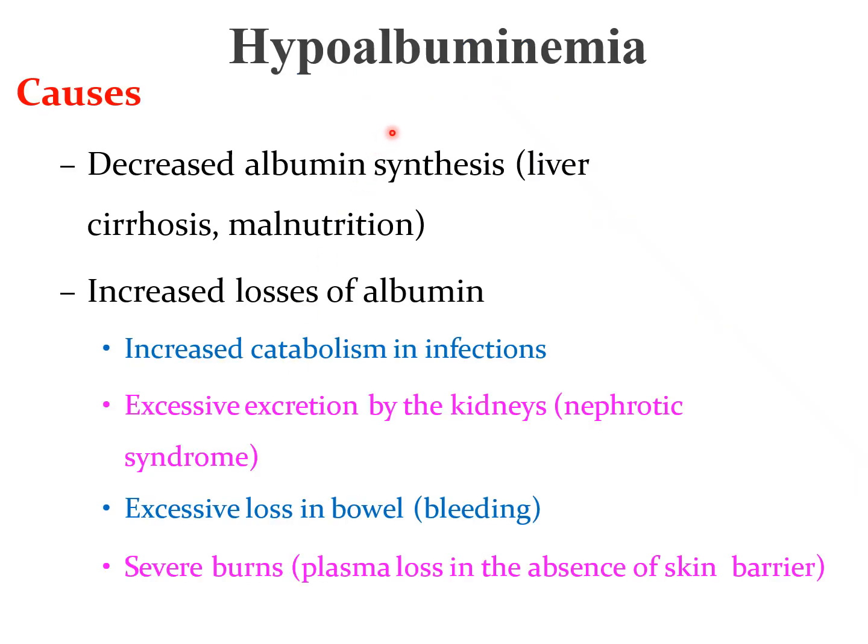Next, hypoalbuminemia causes: decreased albumin synthesis, liver cirrhosis, malnutrition. So wherever hypoalbuminemia occurs, I have given here. If they are asking to write any two conditions that cause hypoalbuminemia, you can know this slide. Increased catabolism in infections, excessive loss in bowel, excretion by the kidneys, and severe burns.